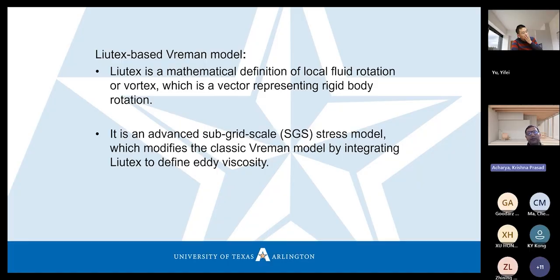Now, the modified Vreman or Liutex-based Vreman model. Liutex is a mathematical definition of local fluid rotation or vortex, which is a vector representing rigid body rotation. It is an advanced subgrid scale stress model which modifies the classic Vreman model by integrating Liutex to define eddy viscosity.